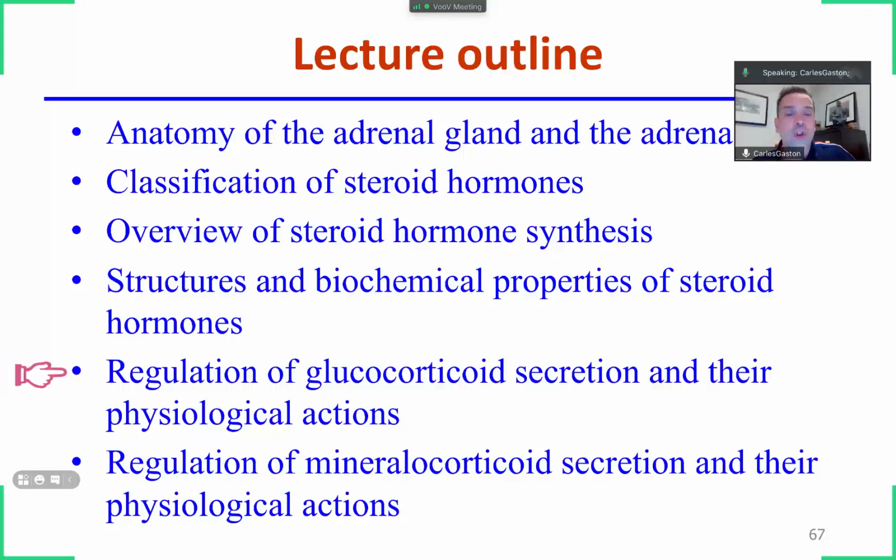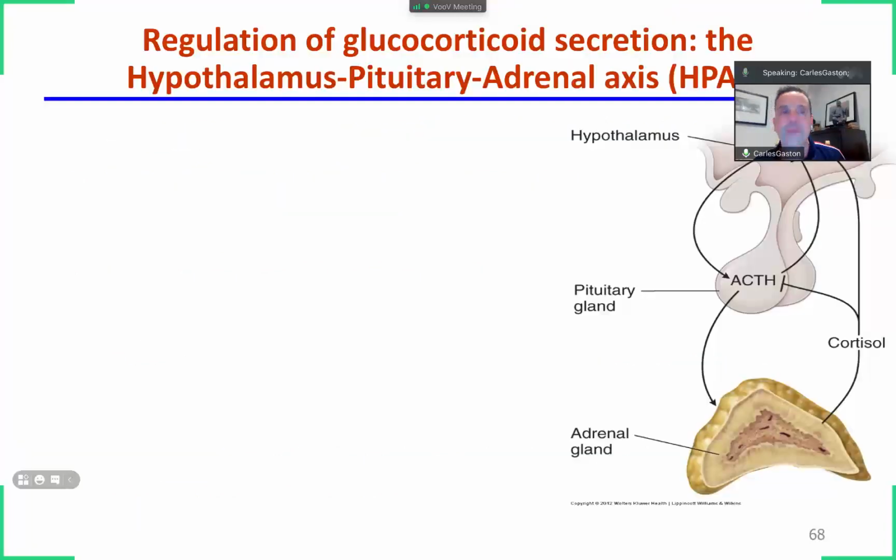Ones are glucocorticoids or cortisol, others are mineralocorticoids, and then also remember the androgens, okay? But the androgens, we will study them when we study the hypothalamic pituitary gonadal axis, okay? So you'll see that the whole physiology will tie up together, okay?